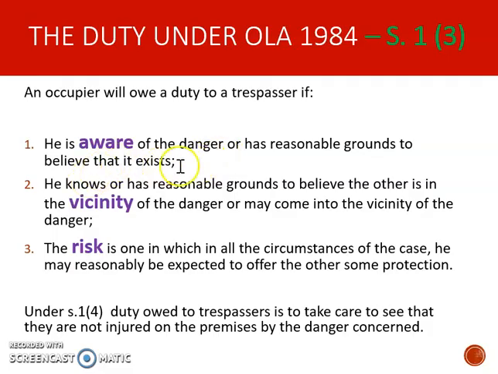They knew or had reasonable grounds to believe that children often came in the vicinity of the danger, and the court held that the risk of this dilapidated boat was one in all the circumstances that they ought to offer some protection. And under 1.4, the council owed a duty to see that children were not being injured. And that would have been quite simple, just remove the boat.